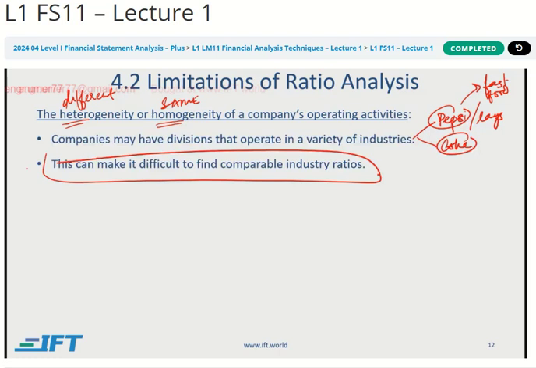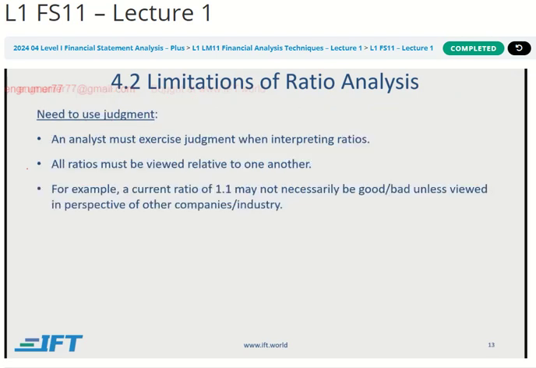So you have to be aware of these limitations of ratio analysis. It's a fantastic tool, but at the same time you really need to make adjustments. As an analyst, you need to use your judgment when interpreting these ratios. It depends, number one, on the adjustments you need to make, and even after making them, you have to understand that the comparison has to be within the industry.